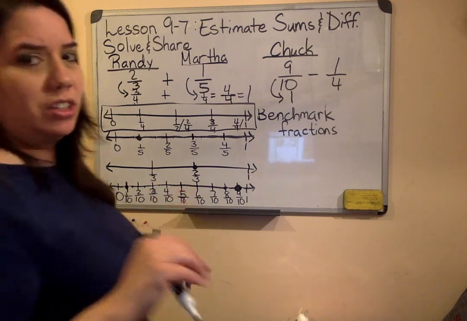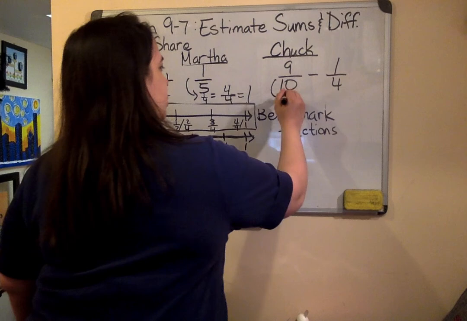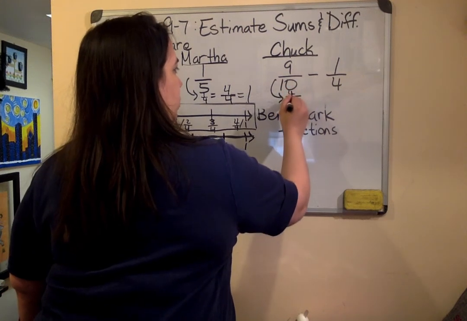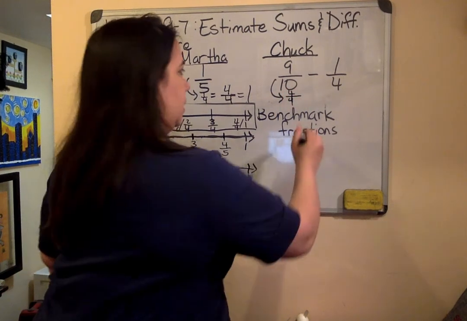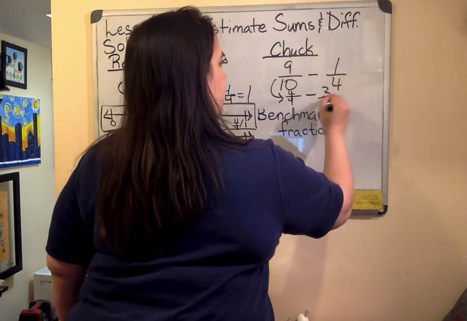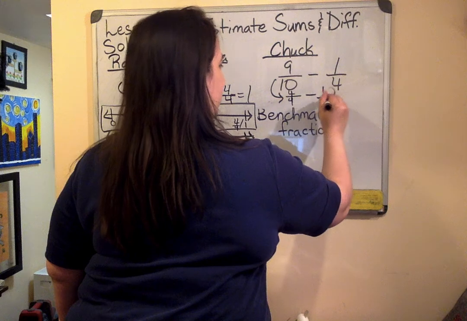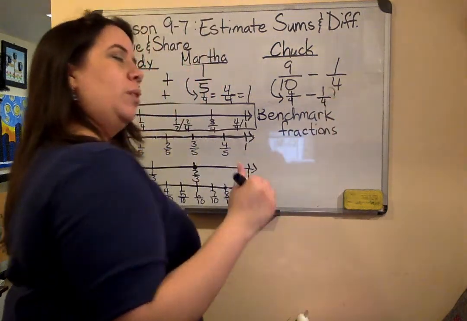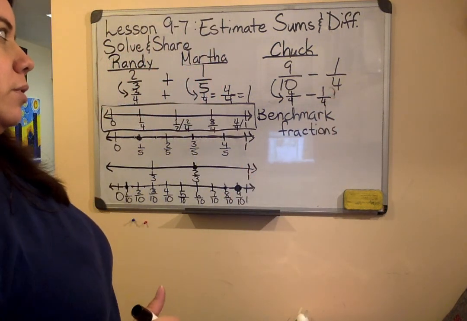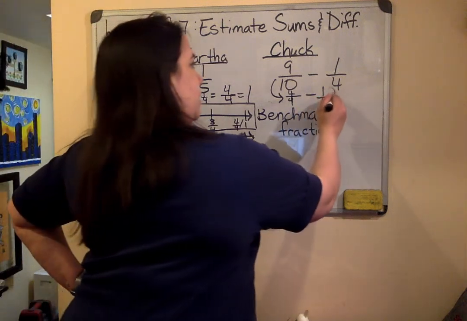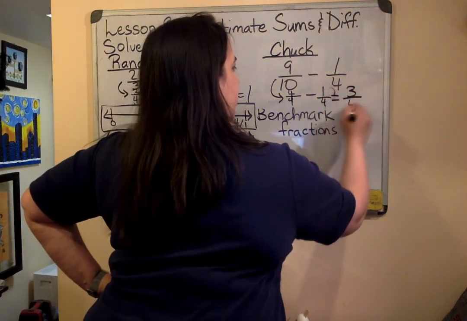I'm not going to change it. But I am going to change the 1 into 4/4. Okay? And then we're going to take away 1/4. Vamos a hacer un cuarto menos que 4/4. So we do our math and we get 3/4.